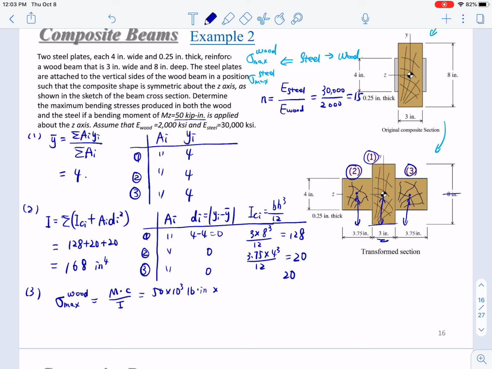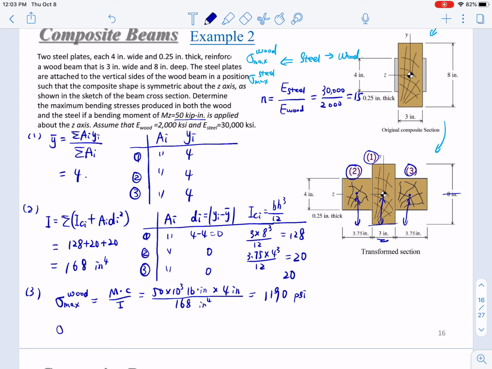C is 4 inches, over 168 inches to the fourth. We get 1190 psi. Compression or tension depends on the sign of the bending moment.